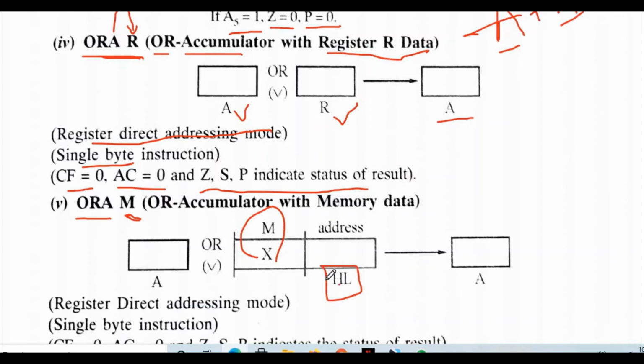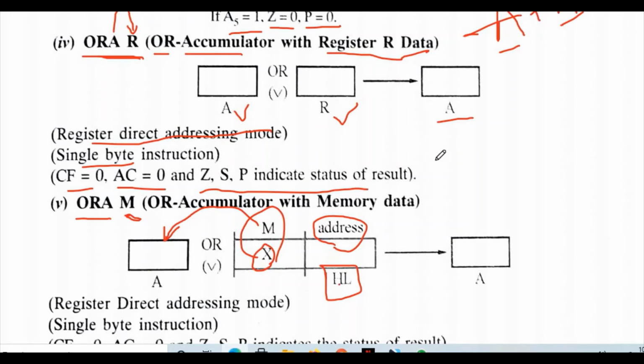And after the execution, the final data will be stored in the accumulator. Again, this is register indirect addressing mode, single byte instruction, carry flag will be 0, auxiliary carry 0, and parity and sign flag will indicate the status of the result.